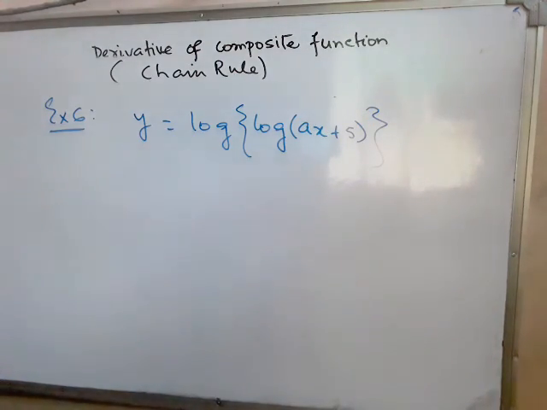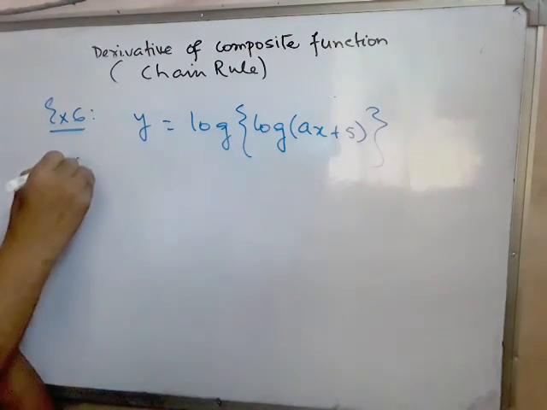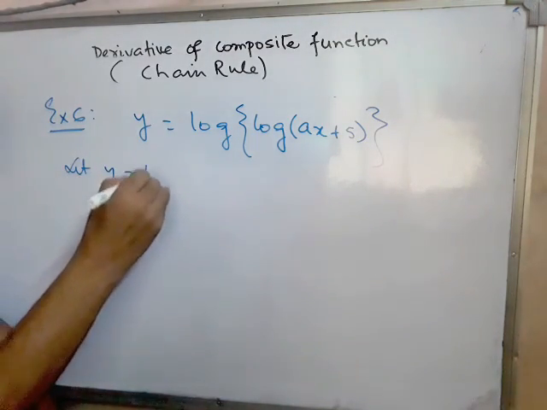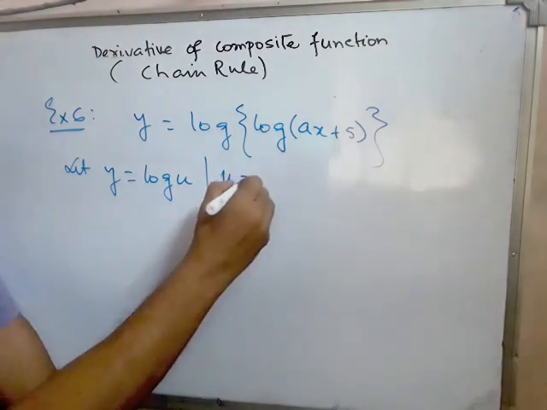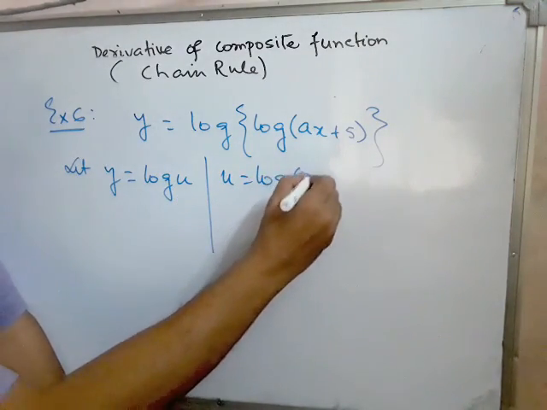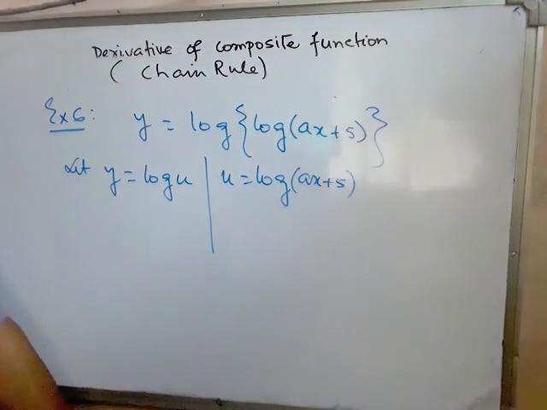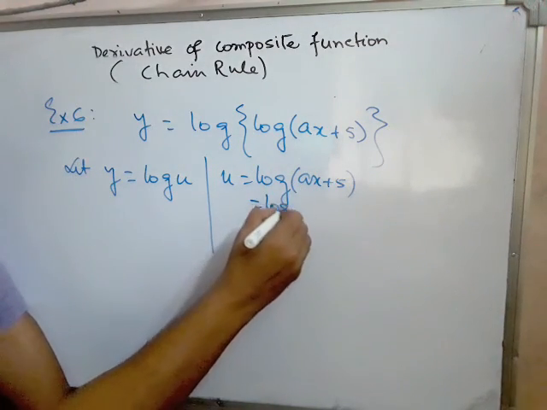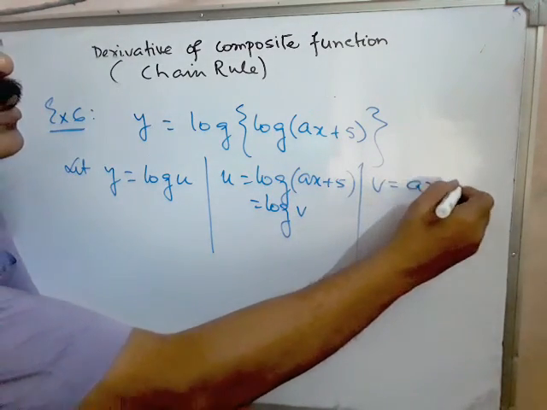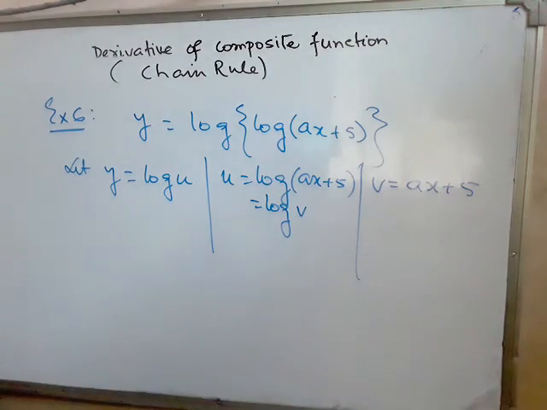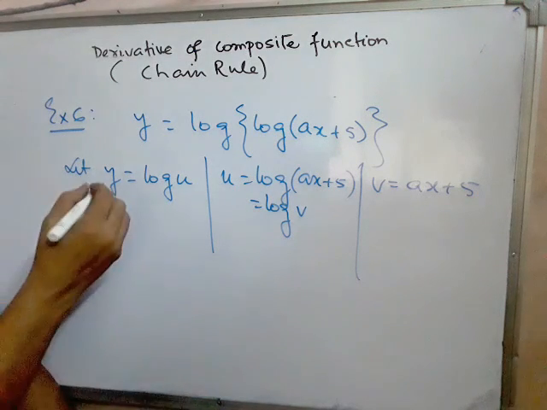So in this case, how to do? Let y equal to log u, u equal to log of ax plus 5, that is log v, and v equal to ax plus 5. So what will we get?